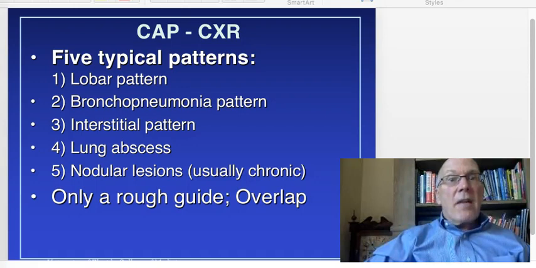There are 5 typical patterns of chest x-ray. 1, a lobar pattern. 2, bronchopneumonia. 3, interstitial pattern. 4, lung abscesses. And 5, nodular lesions, usually associated with chronic infections. It should be emphasized that this is only a rough guide and there is overlap between the different patterns.